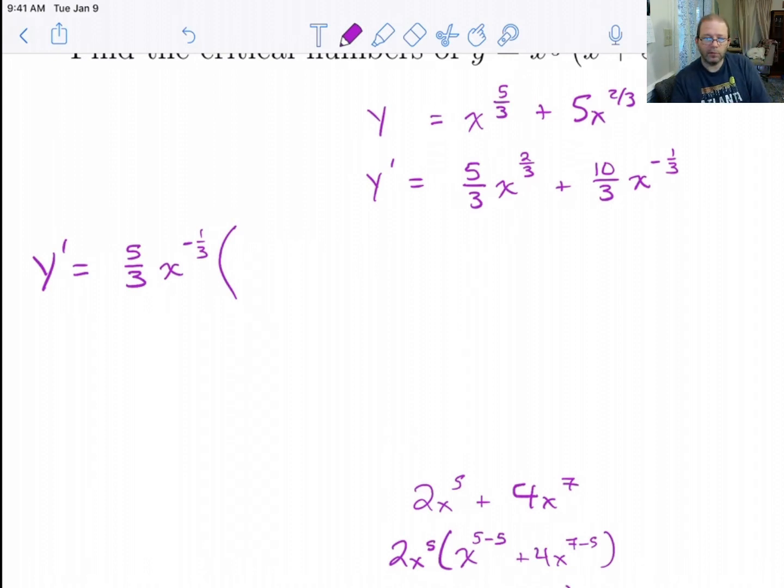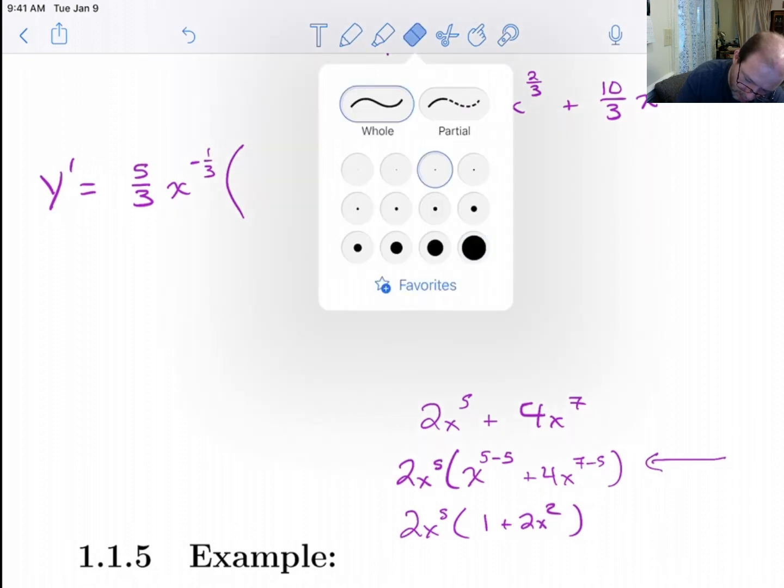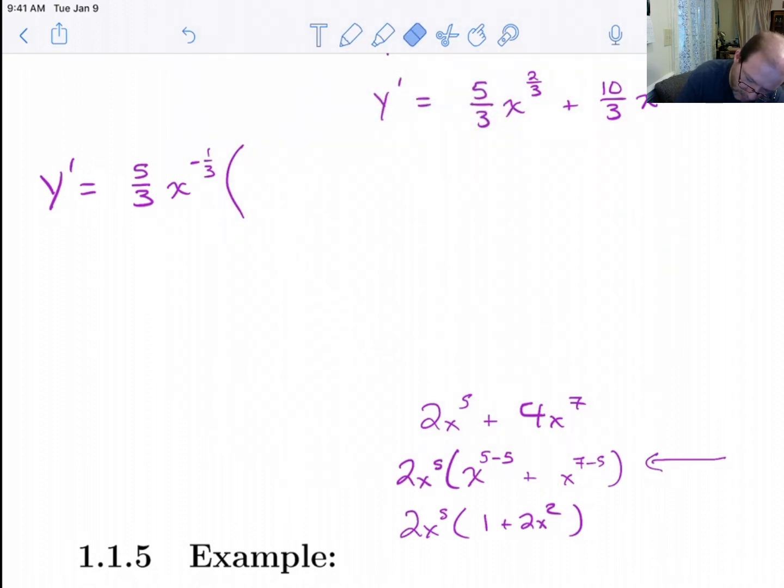Now normally, I'm sorry, I had that off screen. Normally you wouldn't do this middle step because you just think, I just pull out the 2x to the 5th and it leaves me with 1 and then 2x squared. So normally you'd probably leave that middle thing off.